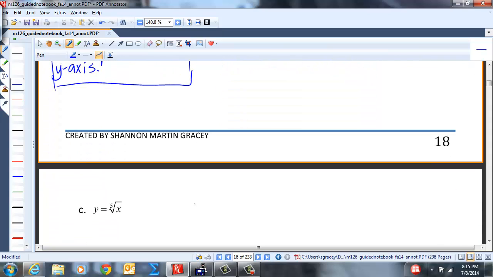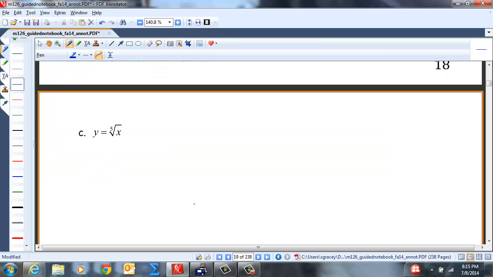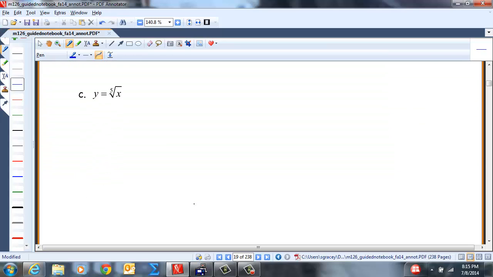Okay, moving right along. We've got y is equal to the 5th root of x. So intercepts. The x-intercept is at y equal to 0. So just a little review. We want to match the index, raise it to the same power as you see in that index, but you're still going to get 0 over here.